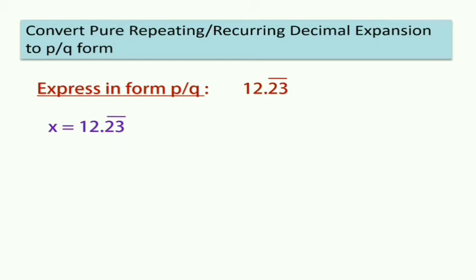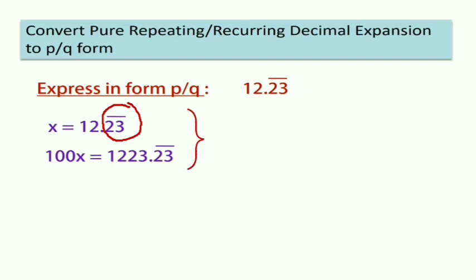We count how many digits are there after the decimal. There are 2 digits, so multiply by 100 on both sides. So we have 100x equal to 1223.23 bar. Now subtract these two.